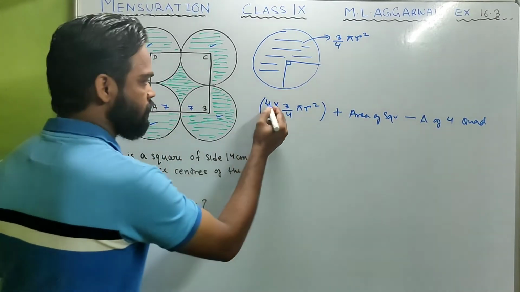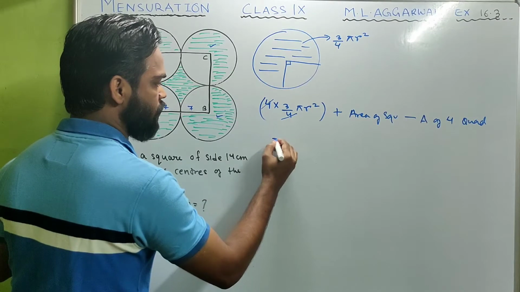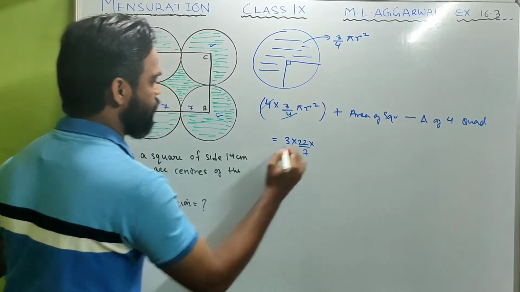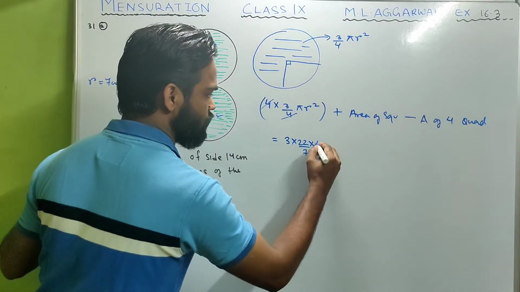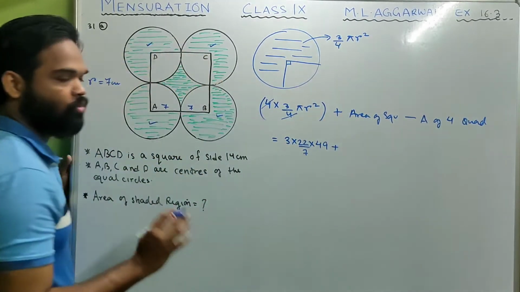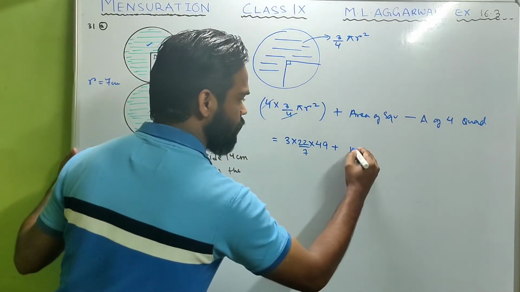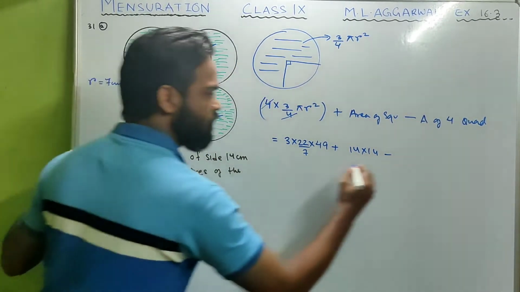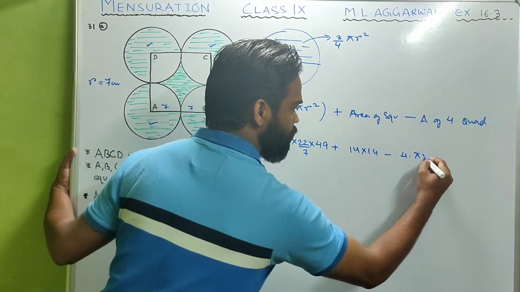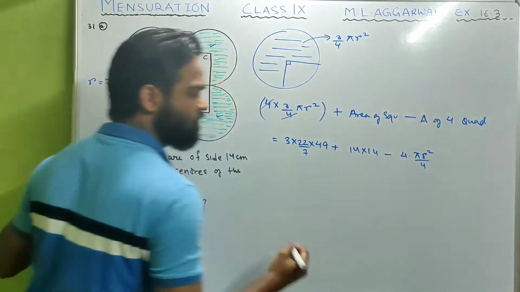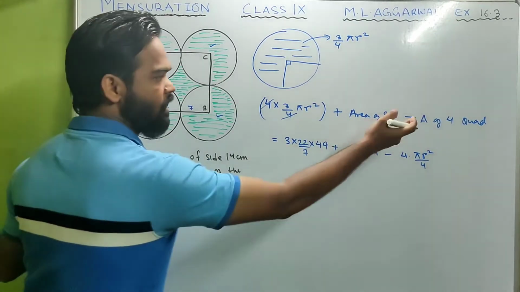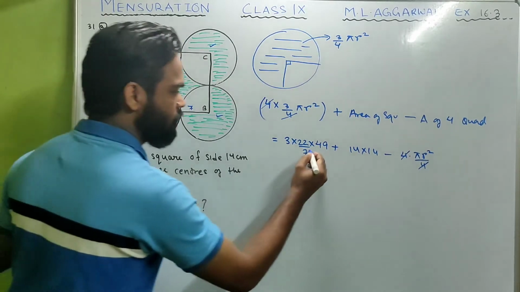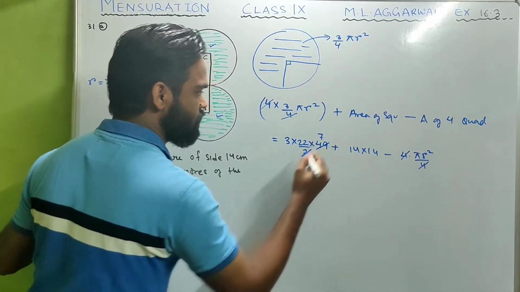Okay, so area of the shaded region is 3 multiplied by 22 by 7 multiplied by r square, that's 7 square is 49, plus area of square will be 14 multiplied by 14, that's side square, minus area of 4 quadrant is again 4 multiplied by pi r square by 4, isn't it? Or area of a circle, and area of 4 quadrant is same. So this and this cancel out.